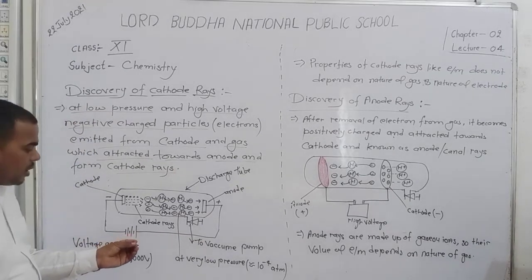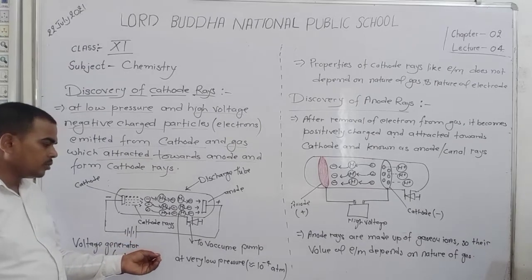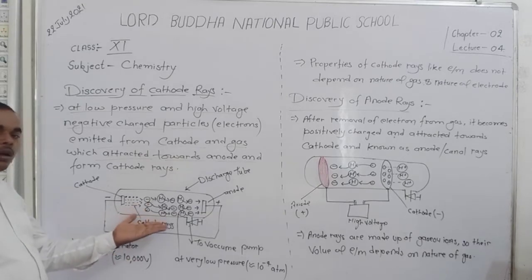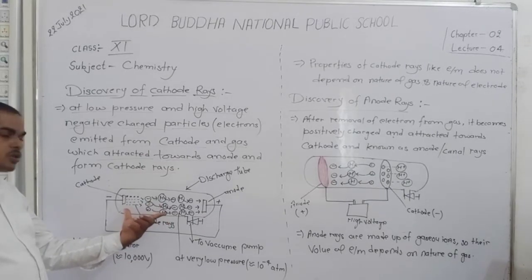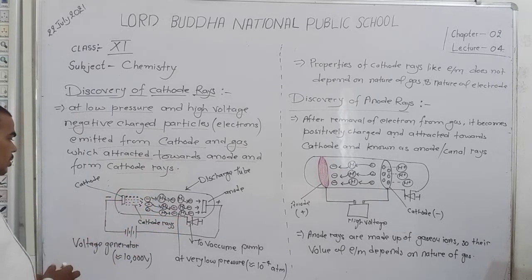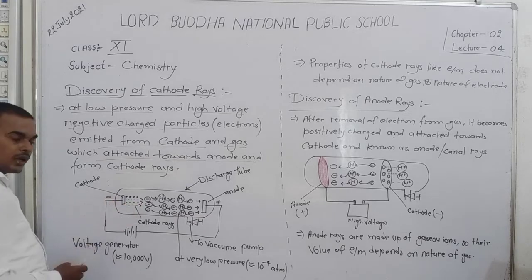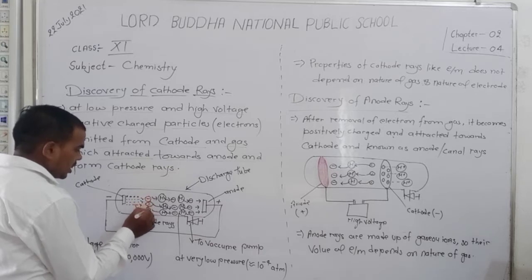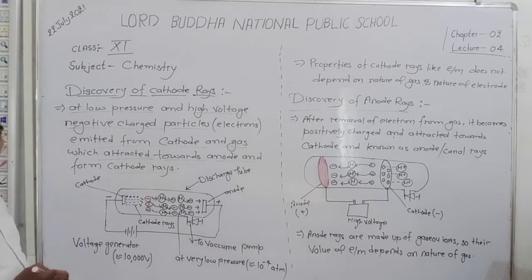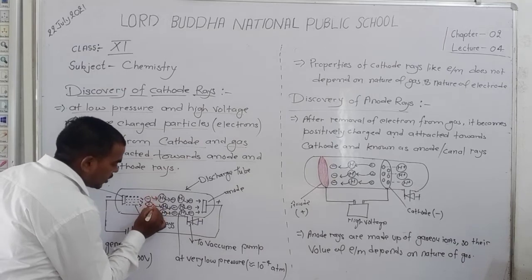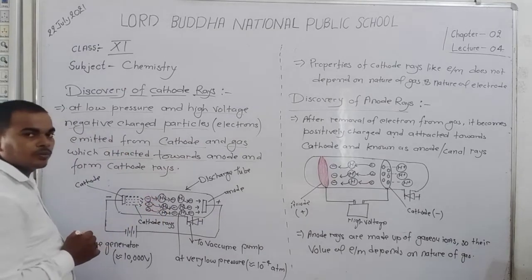After the pressure is removed, when we apply 10,000 volts across the electrodes, that is cathode and anode, then from the cathode negative charge particles are generated. The negative charge particles hit the hydrogen atoms present in the discharge tube.